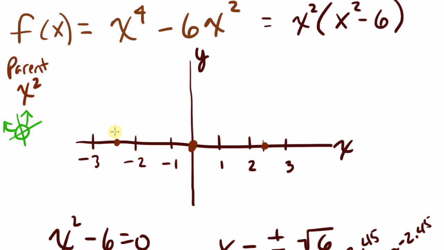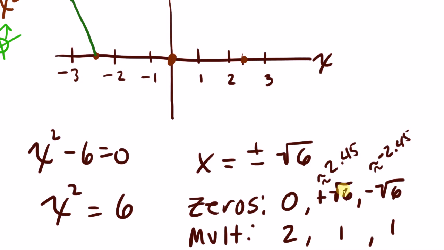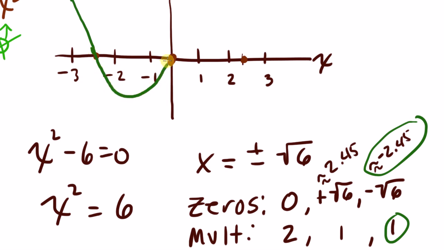What was our multiplicity at negative 2.45? It's 1. So we're coming straight through here. Come up to 0. At 0 we had a multiplicity of 2, so it's going to bounce off. And then we had a multiplicity of 1. Oh, my bad. Comes through here and something like that.